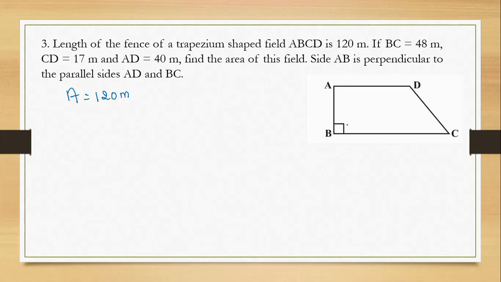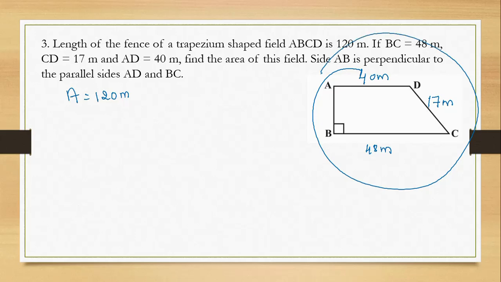The distance between B and C is 48 meter, and the distance between C and D is 17 meter, and the distance between A and D is 40 meter. So they have already given the total area is 120, and each side they have given, but they did not give the side AB.